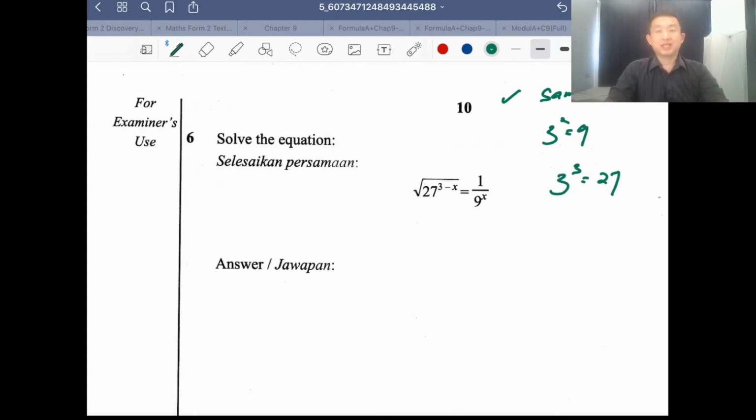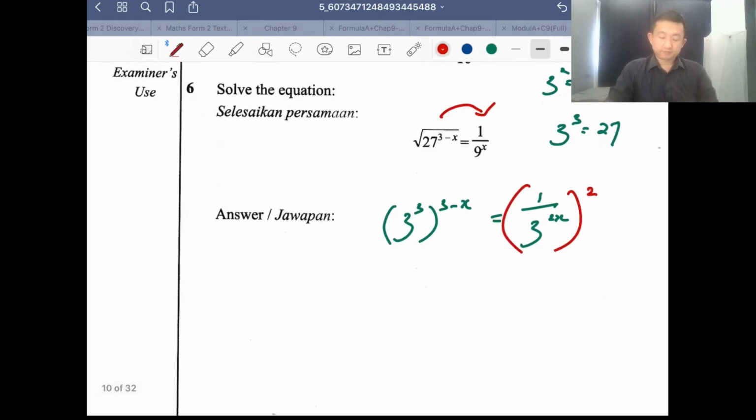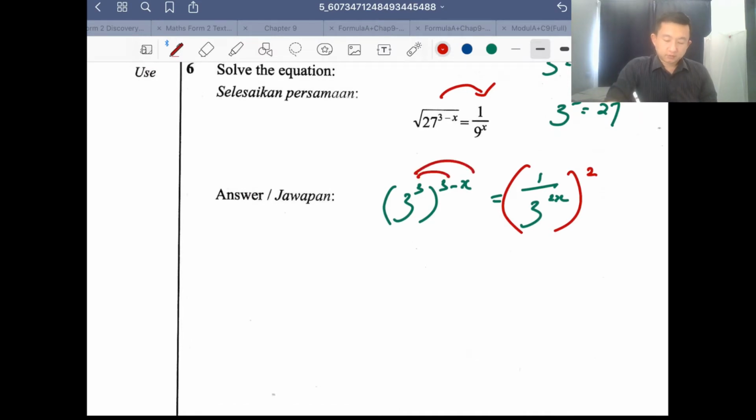So we can change 9 and 27 to the base of 3. Square root, move to the other side, you have a square. 9 minus 3x. 1 squared is still 1.